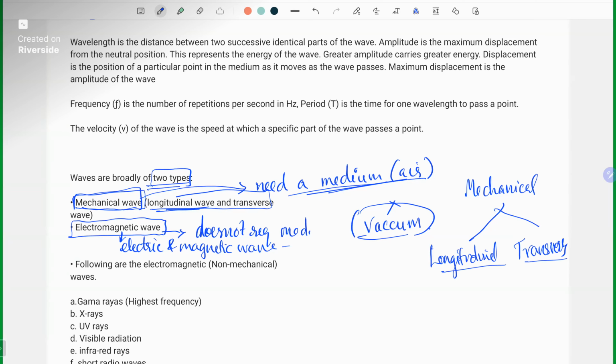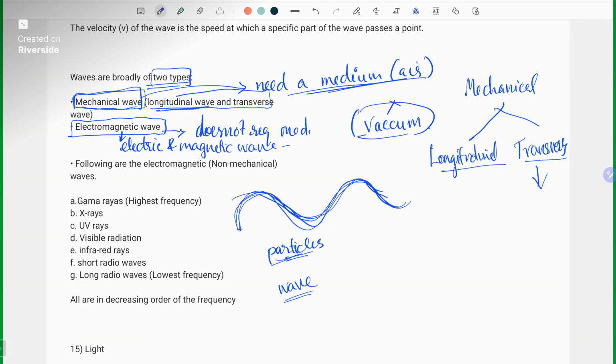If you think of a real life example, a wave will involve certain particles in it, and the energy transfers through the wave. The energy transfer happens while particles are also involved in it. A good example of a transverse wave is light wave. An example of a longitudinal wave is sound wave.